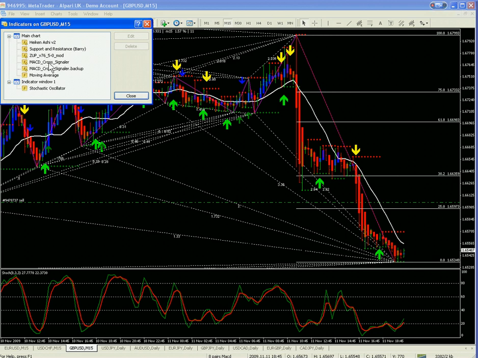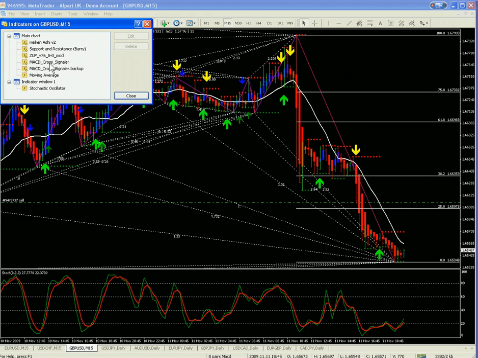ZUP 76. I use the MACD cross signaler and the cross signaler backup. We'll first talk about the cross signaler. That is displayed with the yellow arrows, and the cross signaler backup is the blue or the green, the smaller arrows.